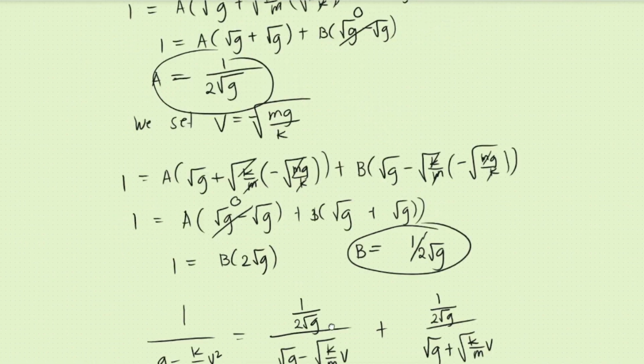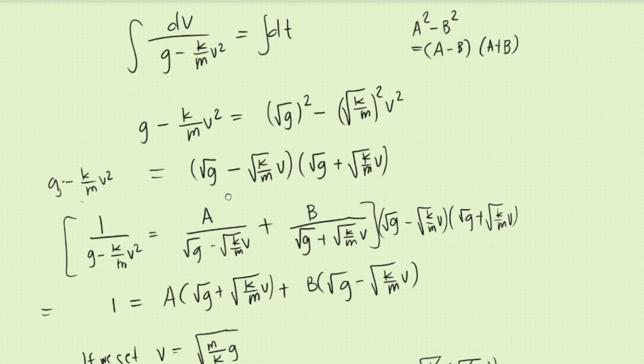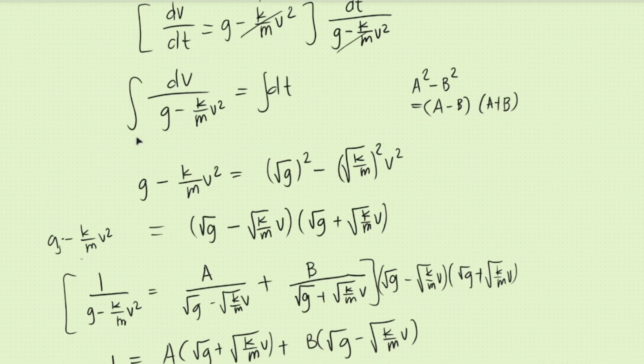So this is the partial fraction decomposition, and we're going to incorporate it into our integral and take the integral of these, because we now found the partial fraction decomposition. We'll plug in what we found inside our integral and solve for it.